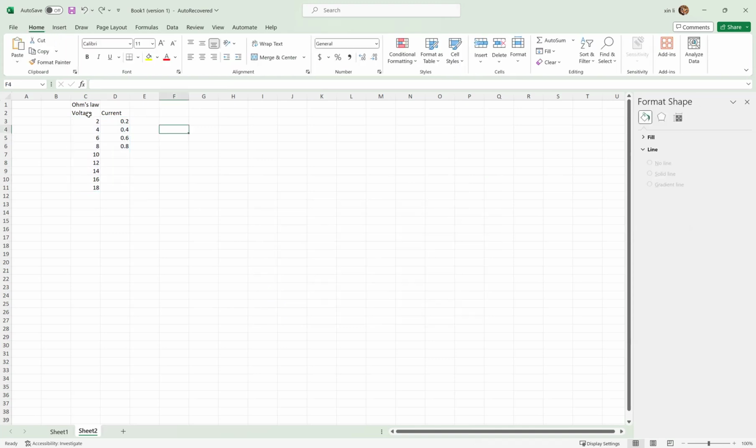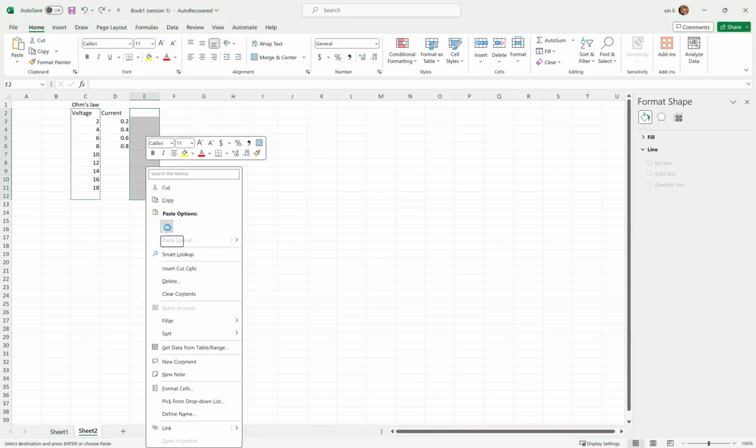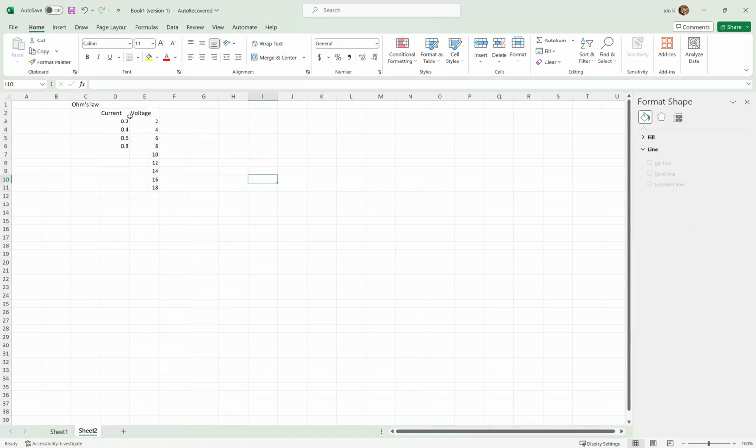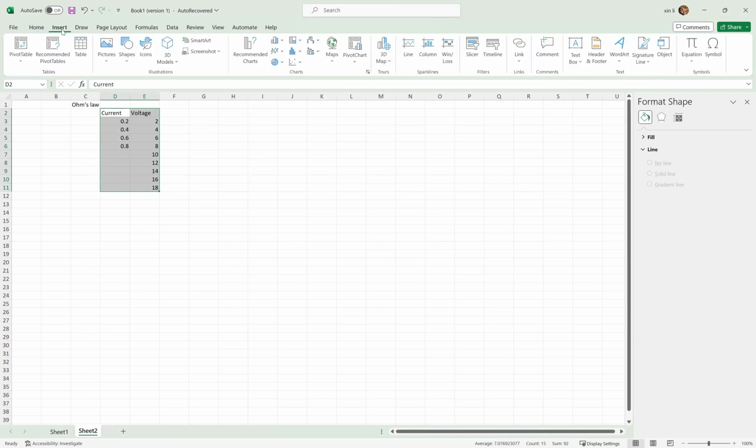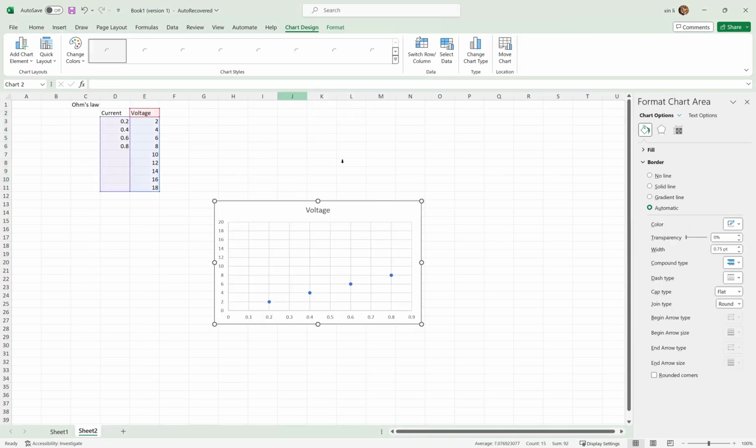Let's put our current in front so we can get the current versus voltage graph. Okay, so let's put the current in the front and voltage in the second column, and then go do this. And where's my chart? Insert. Go to insert, go to charts, and then you get this.